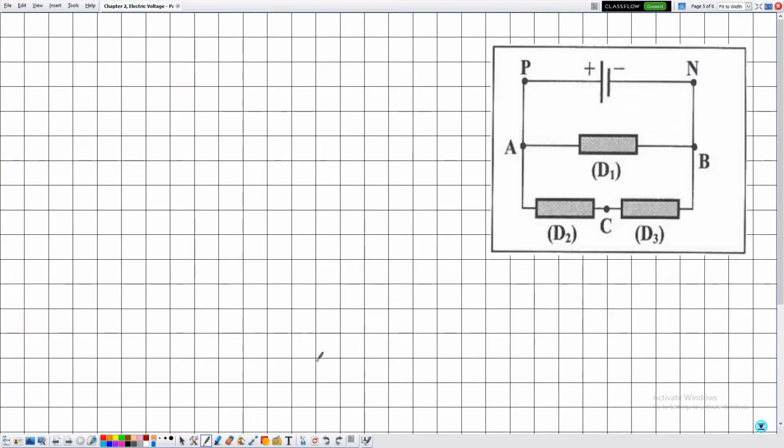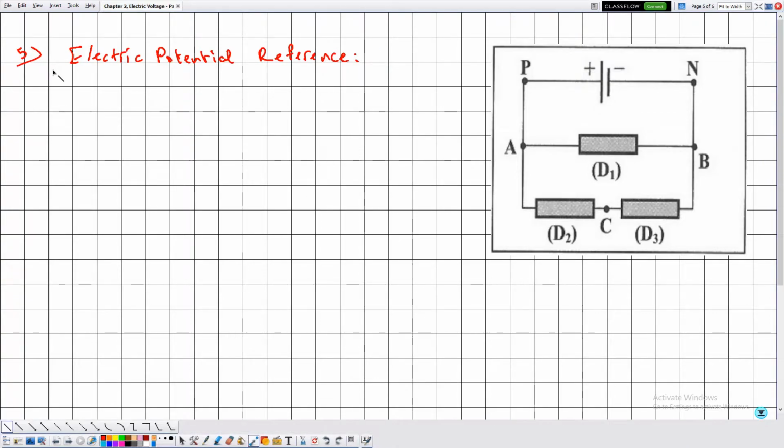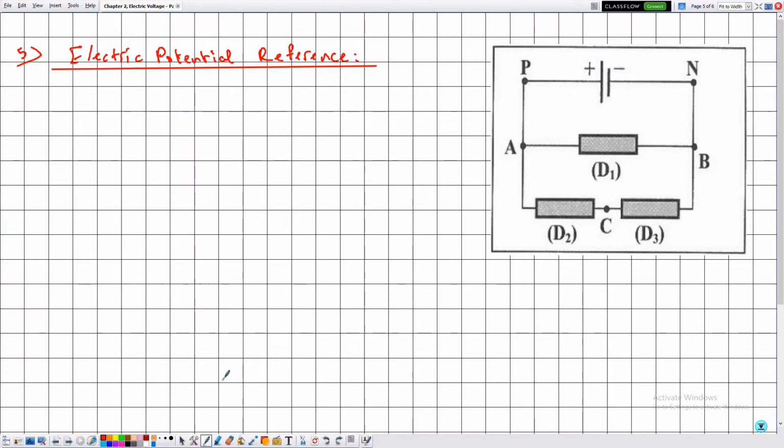Then we have reached the very important section, which is section number 5, the electric potential reference.